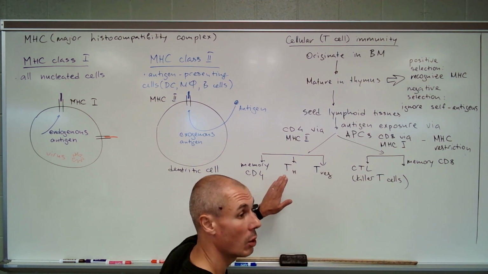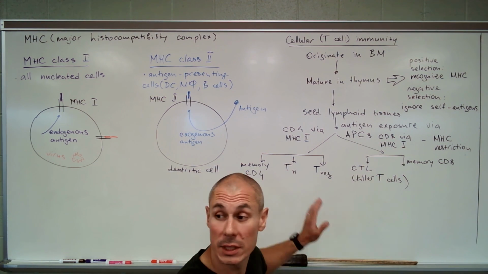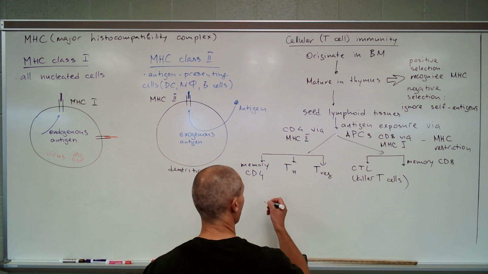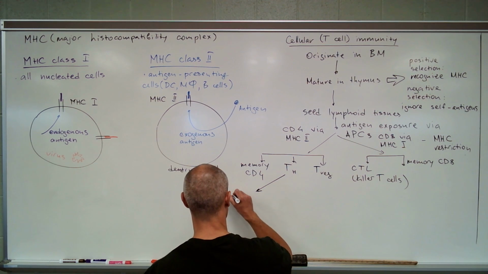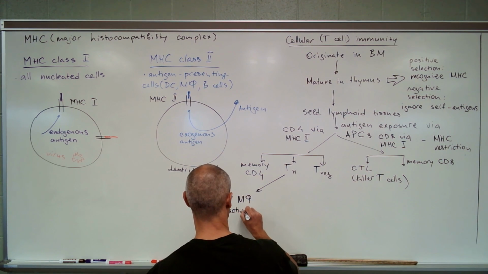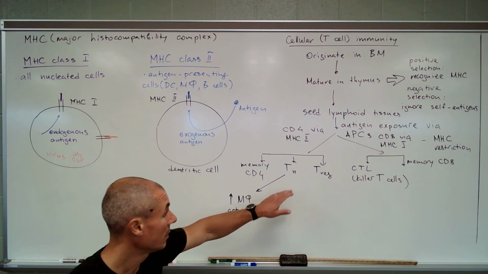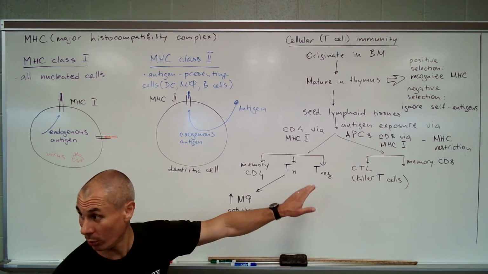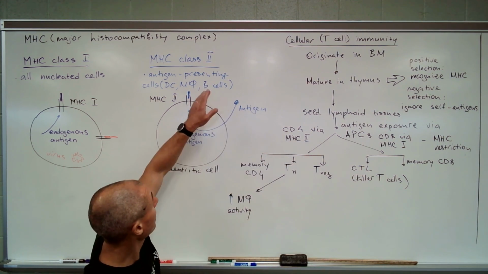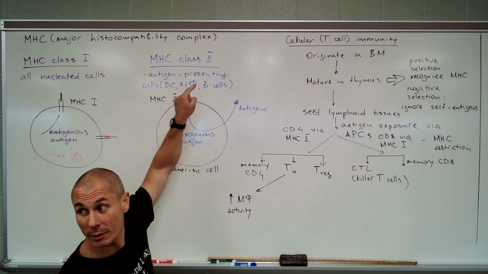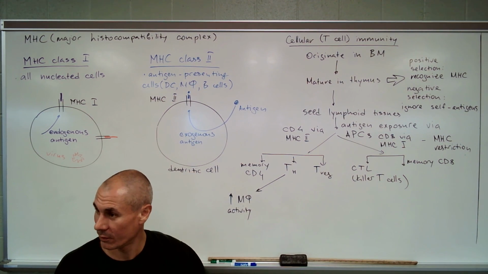What do T helpers do? T helpers increase macrophage activity because, surprise, surprise, these belong to the CD4 class, right? And they can recognize MHC Class 2 on macrophages and stimulate them.